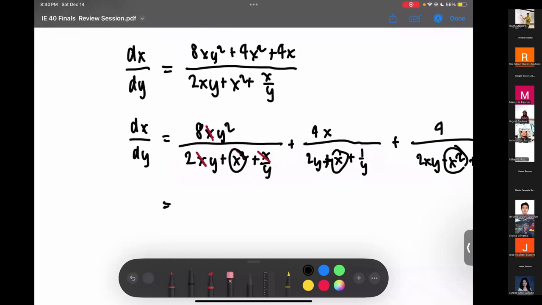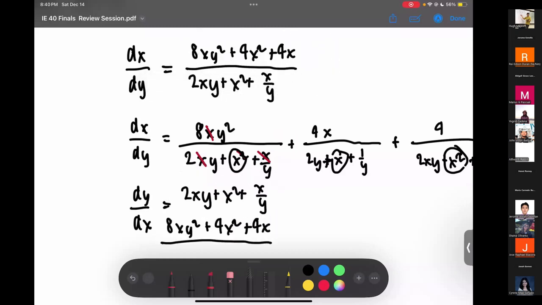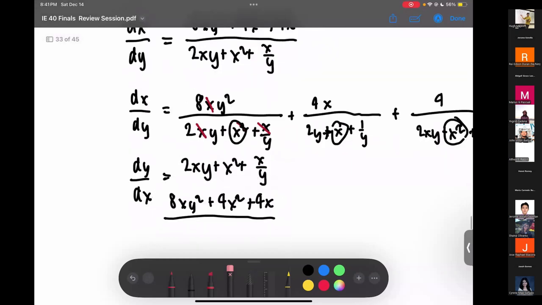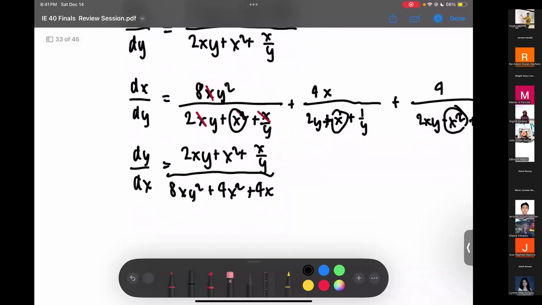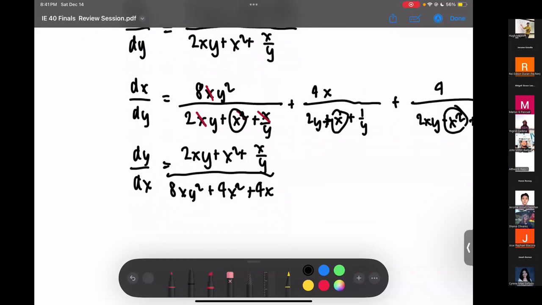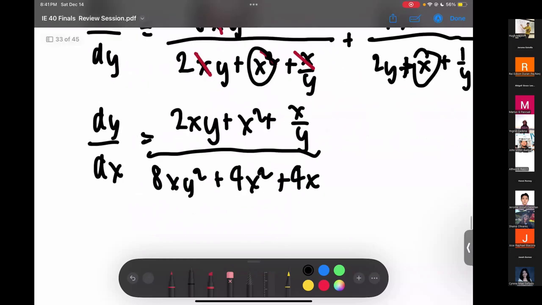We can try doing the same procedure, dy over dx, and then i-flip natin yung numerator at denominator. Yeah, I guess we could try that. Pero effectively, I think most people have realized sa exam, this does not eventually add up to the correct form.